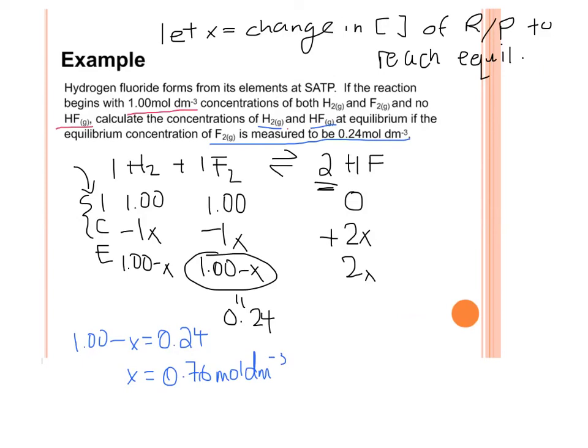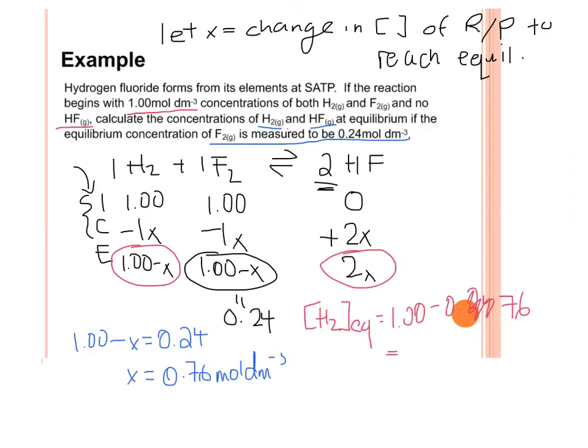We can now figure out what the equilibrium concentration of H2 and HF is by substituting in the x value that we just found. So for H2, at equilibrium, it's going to be 1.00 minus 0.76, so it's going to be 0.24 moles per decimeter cubed.